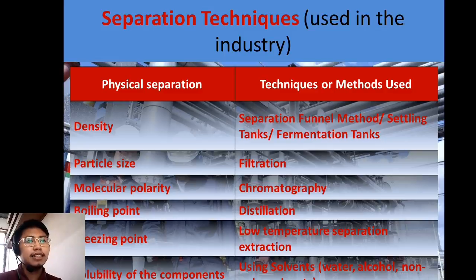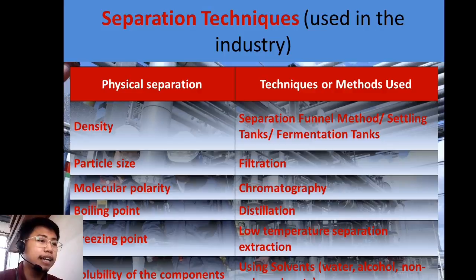We have separation techniques that are used mainly in industry because our class focuses on chemistry in the industry. We have density for physical separation, particle size, molecular polarity, boiling point, freezing point, solubility of the components, and the techniques and methods used. Most of them can be found when you are dealing in the industry. For example, for particle size, we use the filtration method.